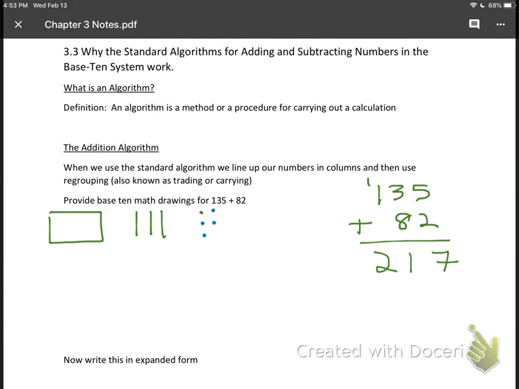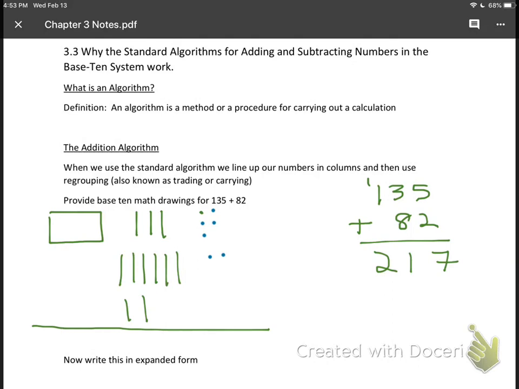Then let's go down to the next number. I need 82. So I need 8 groups of 10. So 1, 2, 3, 4, 5, 6, 7, 8. And then I'm going to need 2 little ones. So I have a 1 and another little 1. And I have no hundreds. So if I'm going to add these together, I start from my right, and I have 1, 2, 3, 4, 5, 6, 7.